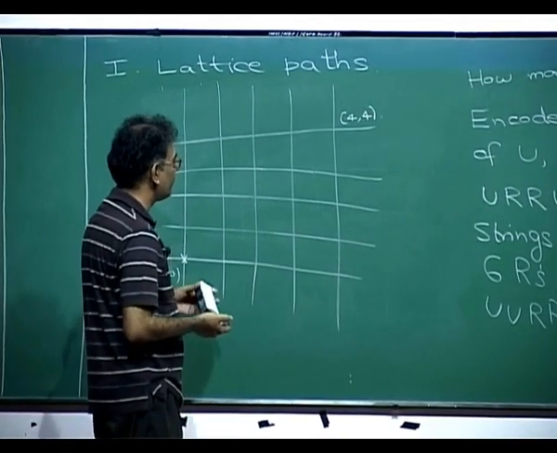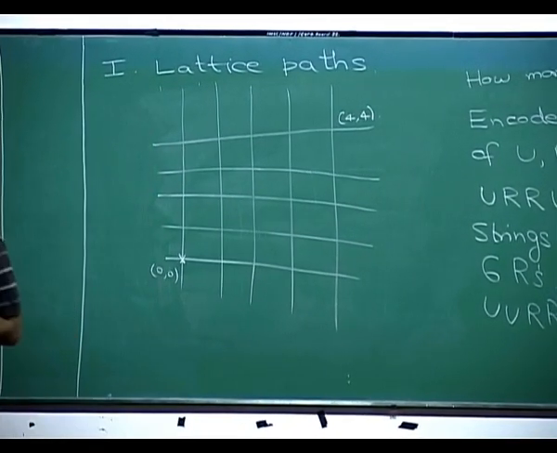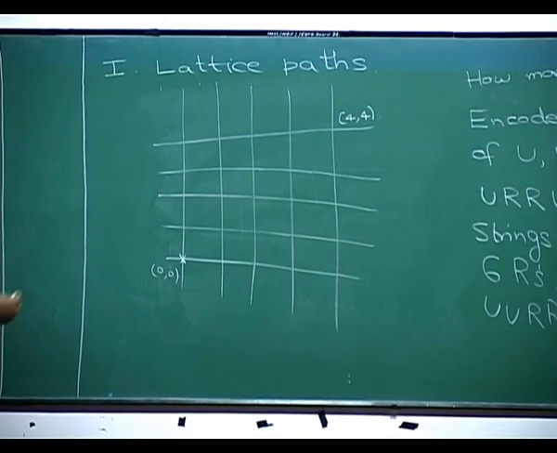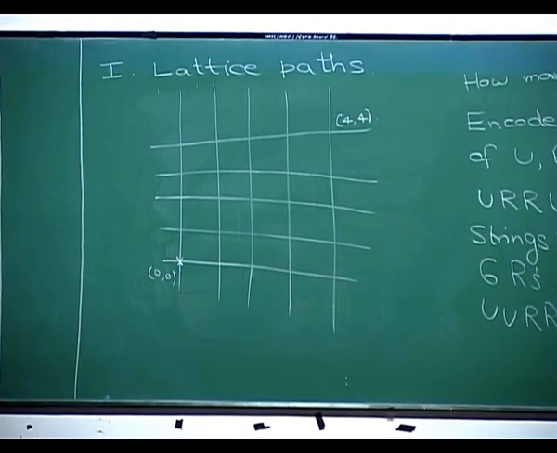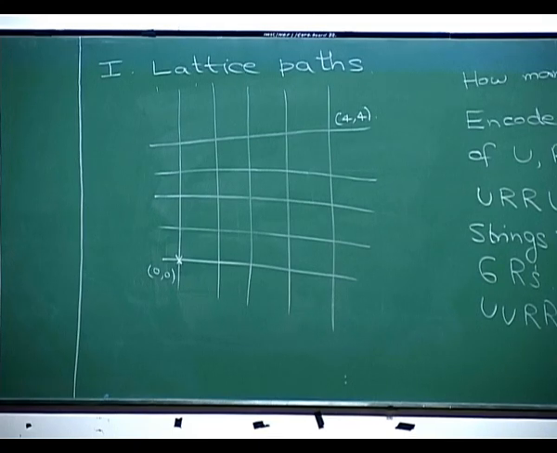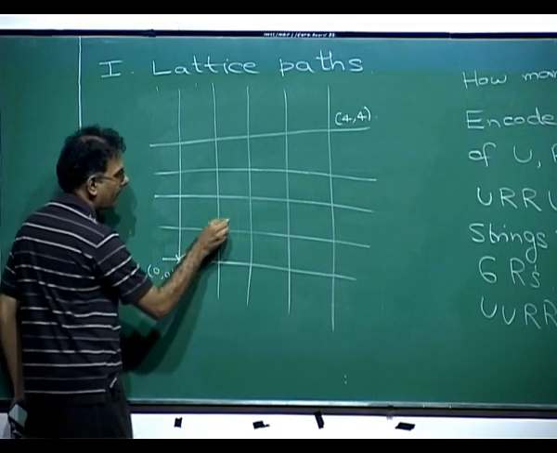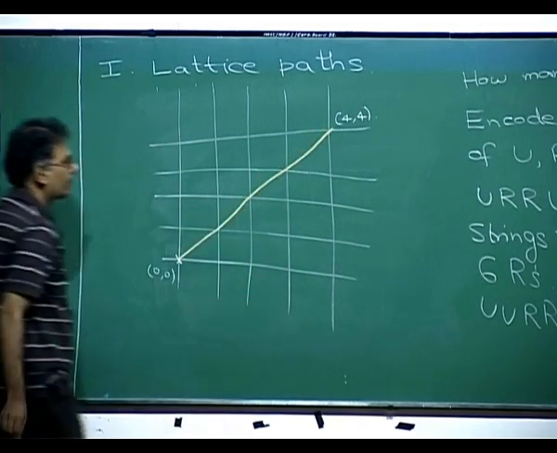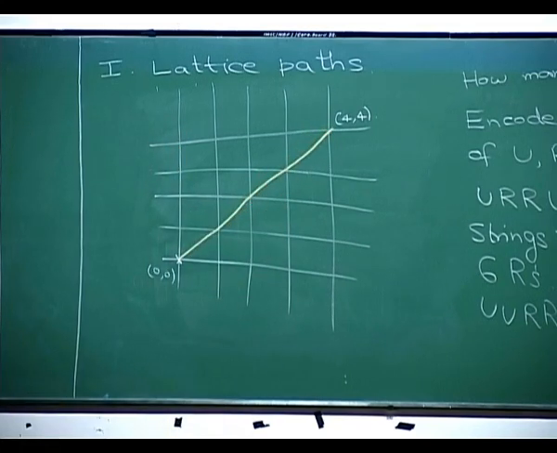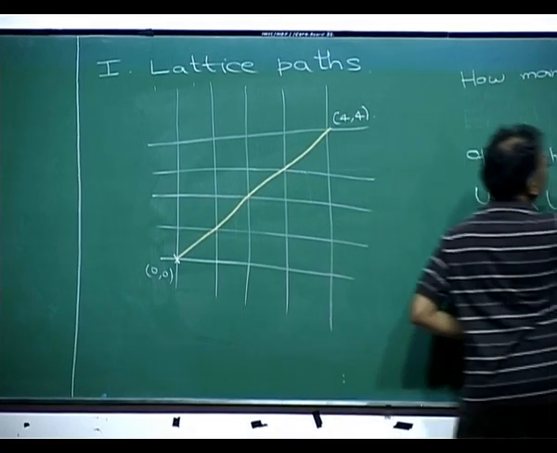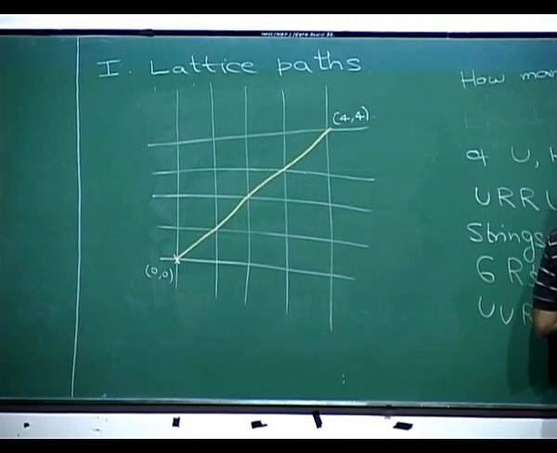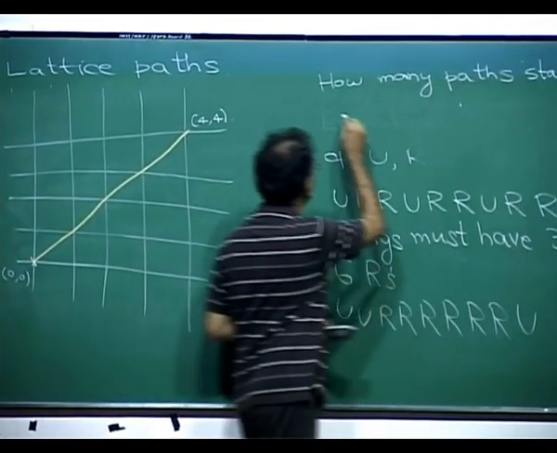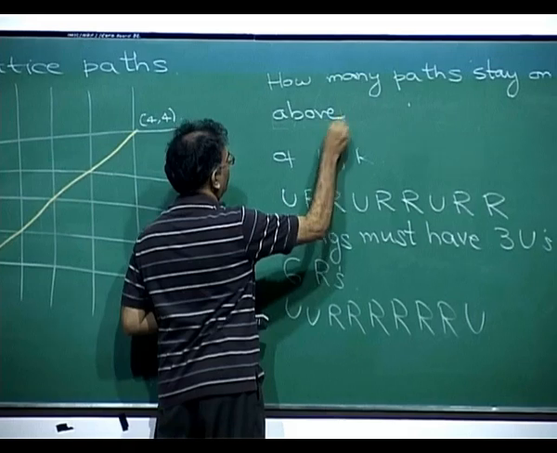Number of paths is 8 choose 4, but we would like to look only at those paths that stay on or above the diagonal, this diagonal. So there's the diagonal. So we want paths, how many paths stay on or above the diagonal.